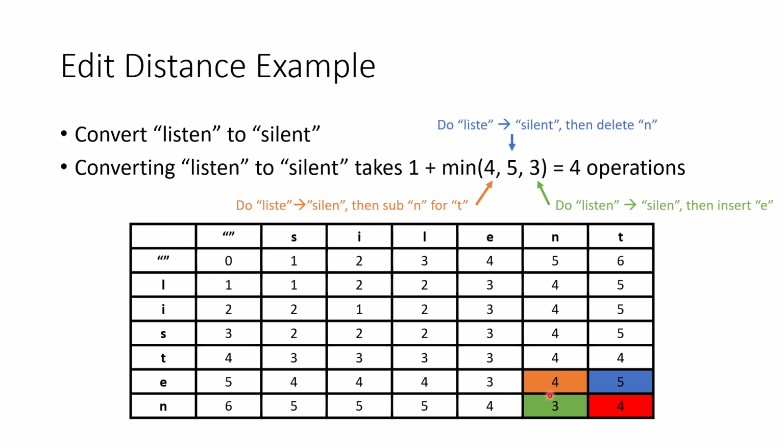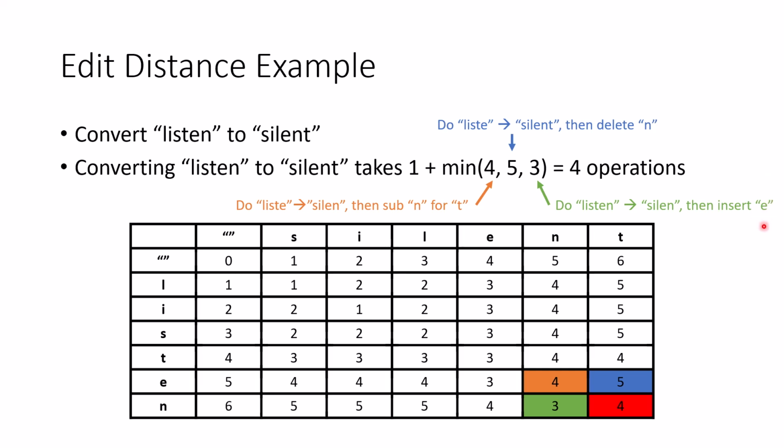And then the insert operation is going from the first all characters, so for all A characters "listen", to only the first B minus 1 characters "silent", and then insert. Yeah, sorry, I think that should be a T, not an E. Sorry about that.